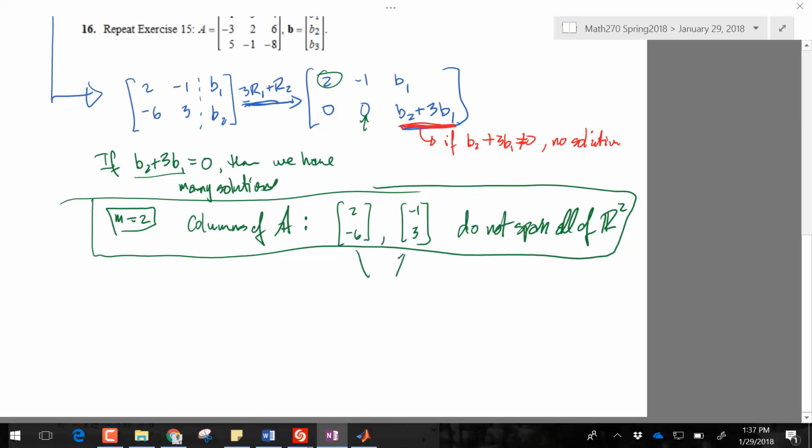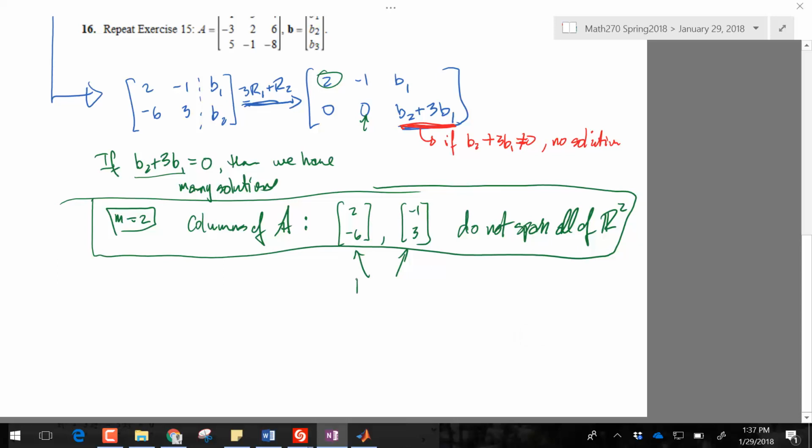It looks like she might have noticed that these two are collinear, scalar multiples of one another, right? They're parallel. So these vectors are parallel, which means they don't come apart to be able to span all of R2. They just span a line.